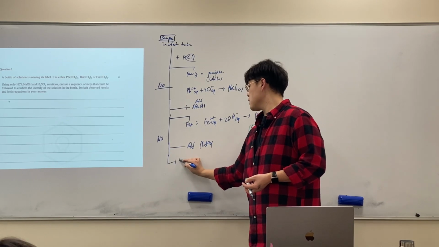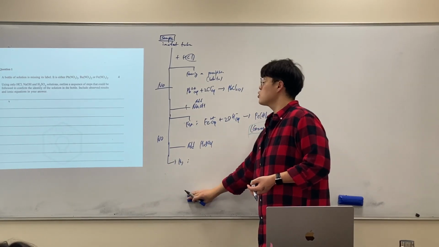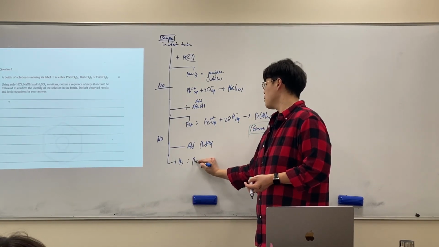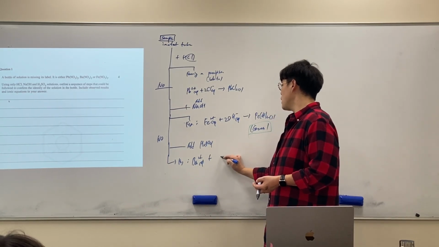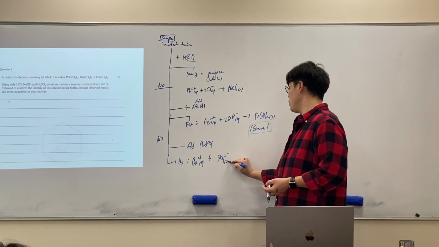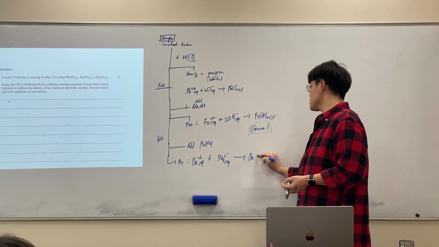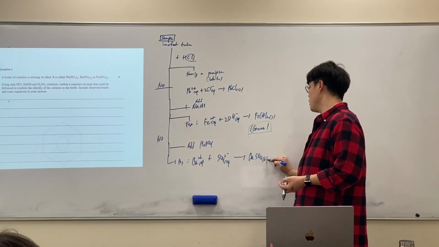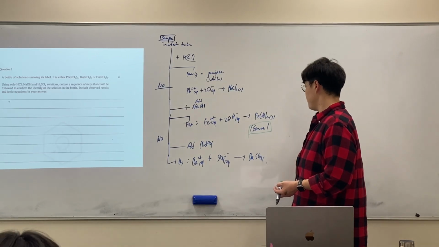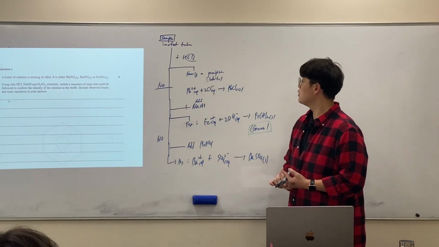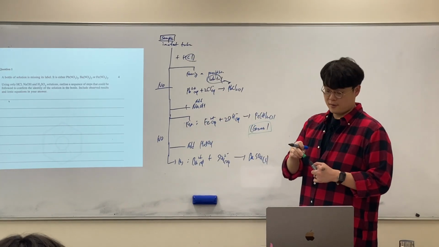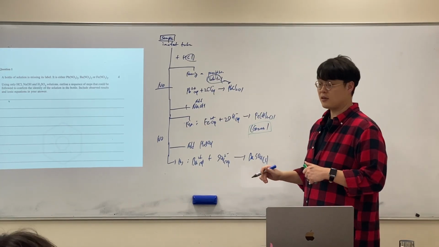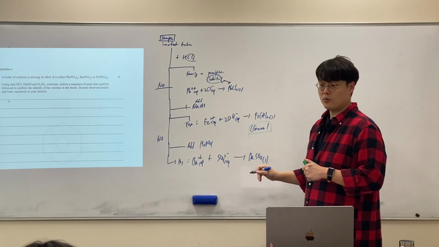And if that's a yes, it must be barium, so show the ion equation: barium 2+ aqueous plus SO4 forming barium sulfate. What color is barium sulfate? White.